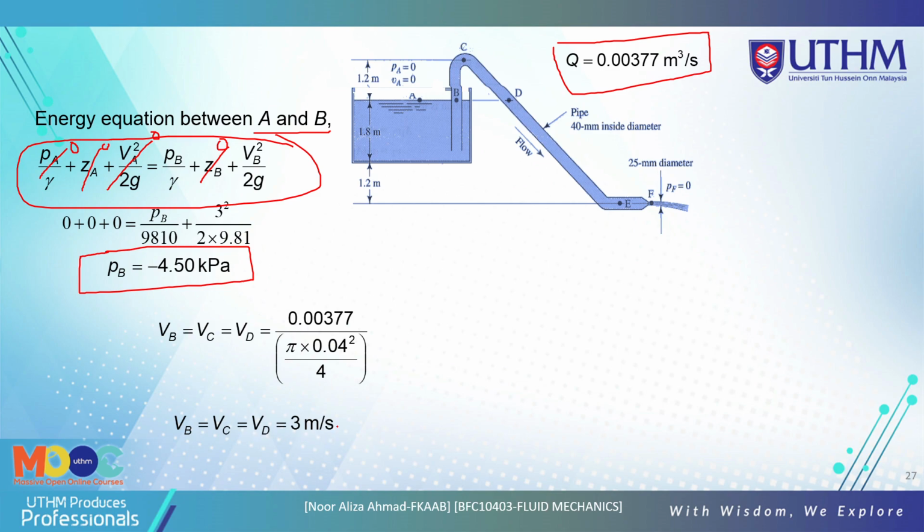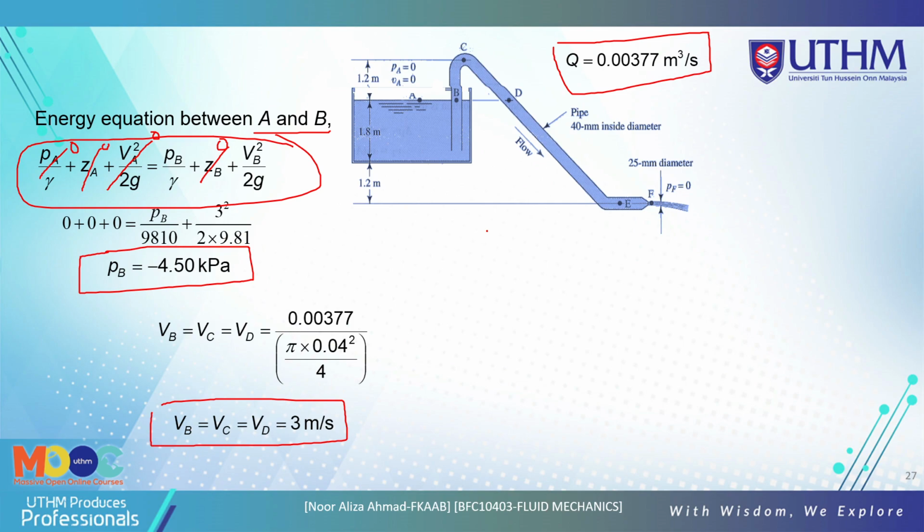Because this is the same pipe, with the same diameter and the same liquid, the velocity at this point is the same, 3 meters per second, same as at B.